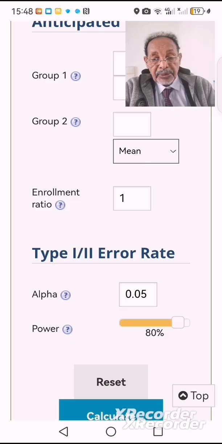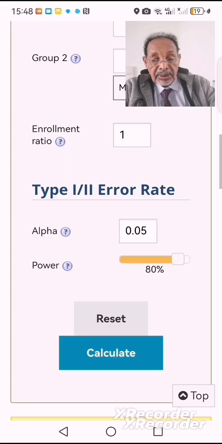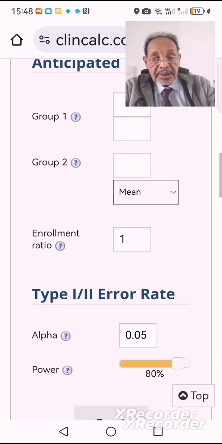And the calculator will calculate with a statistical significance of equal or less than 0.05 and power of statistics of 80%. And then we are going to calculate the result.